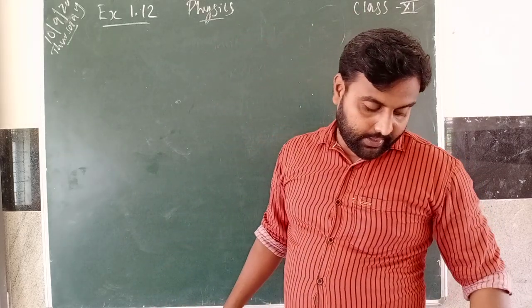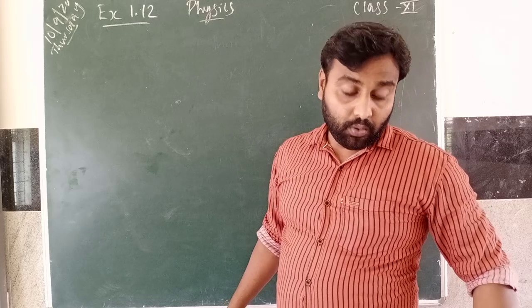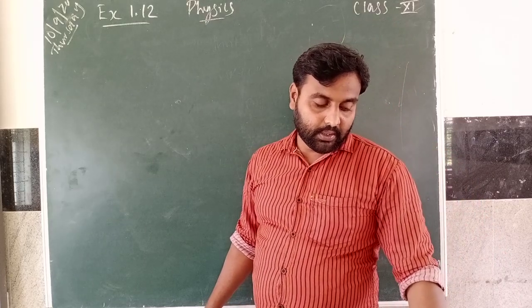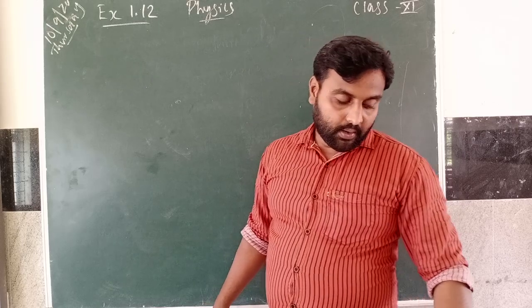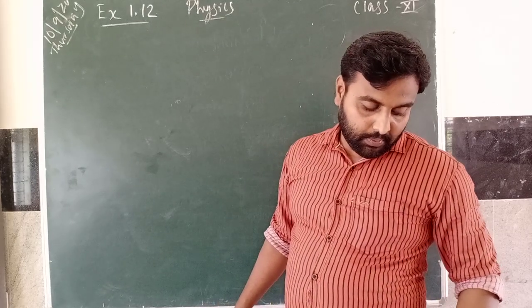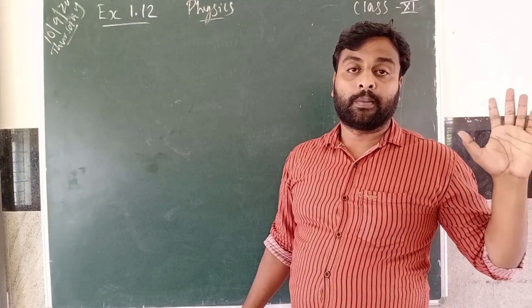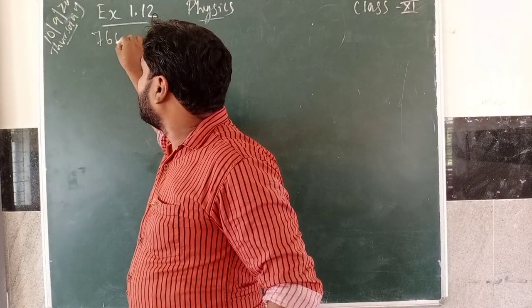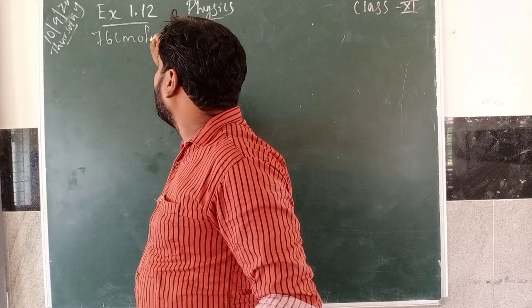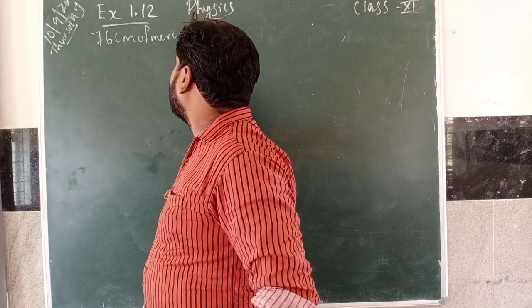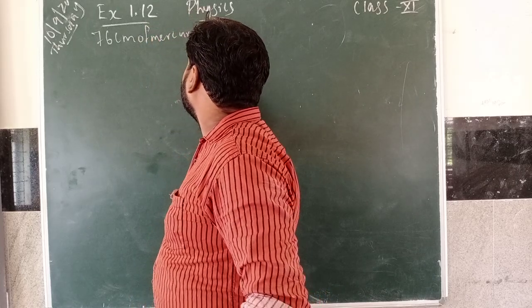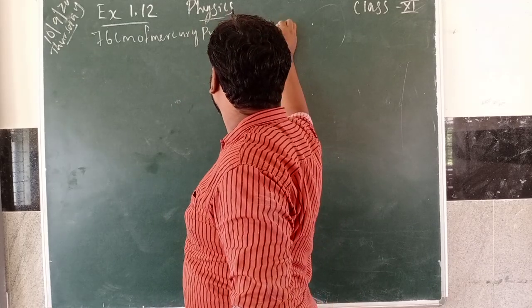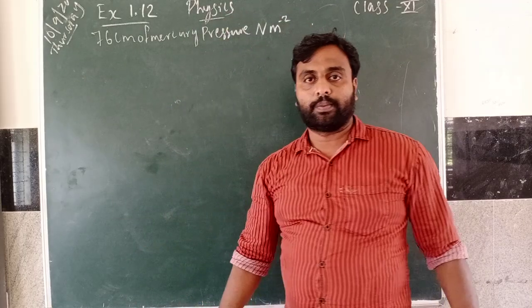You can see the question on page number 30, example 1.12. Convert 76 centimeter of mercury pressure into Newton meter power minus 2. Use the method of dimension. So the 76 centimeter of mercury pressure you have to convert into Newton meter power minus 2.